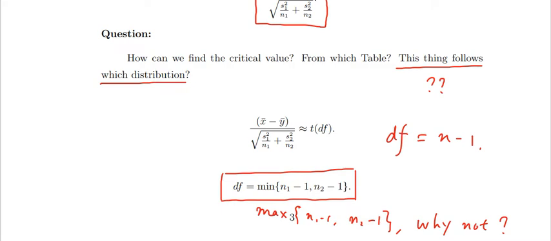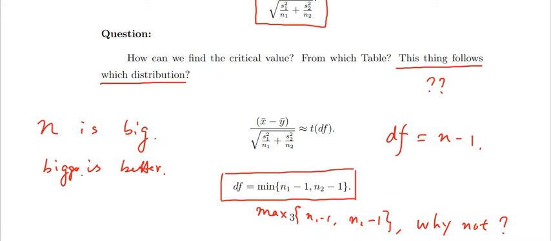So there's a common sense: if n is big, then we have more precise information, or we can say big is good. It seems like we should pick the bigger one, the maximum, right?